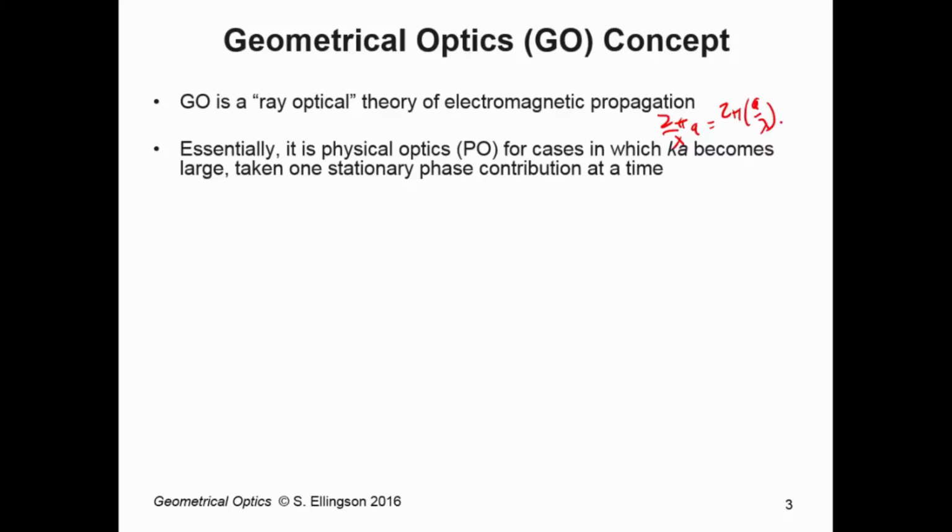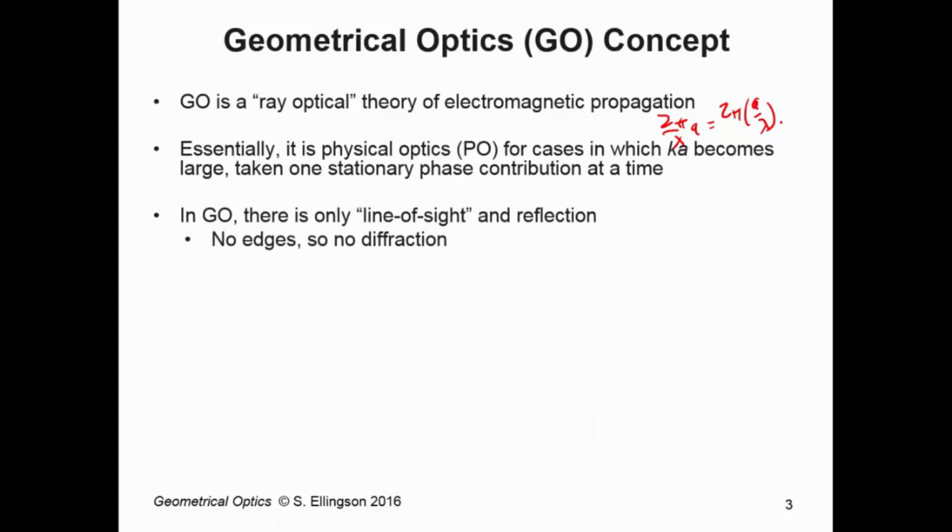So we're saying the problem is electrically large. We mean surfaces have large radii of curvature, at least compared to the wavelength, and we're talking about high frequencies at which that can occur. So geometrical optics is physical optics in cases where we can apply stationary phase to obtain closed form expressions. And we do that one contribution at a time, and we interpret those as the ray contributions.